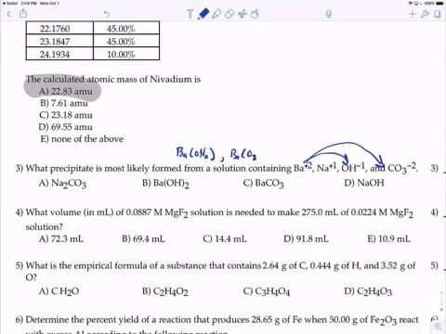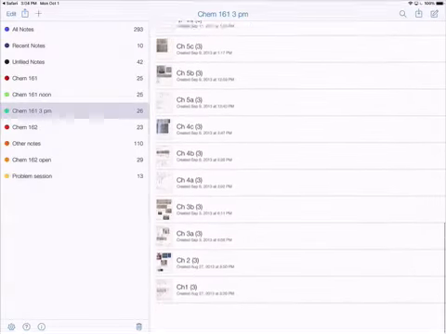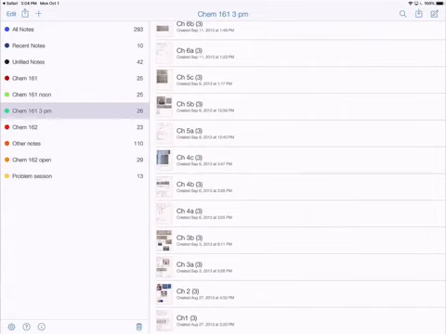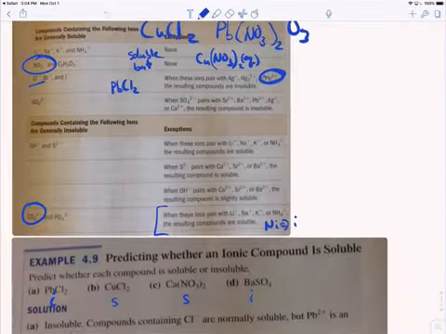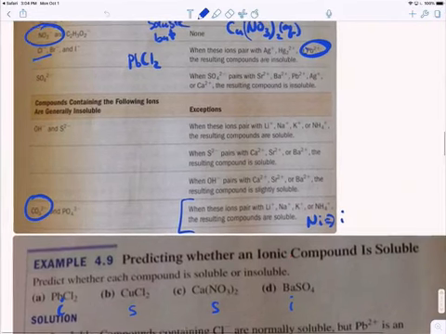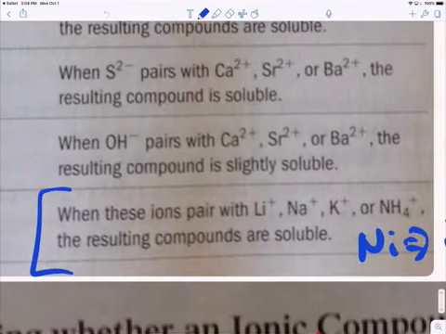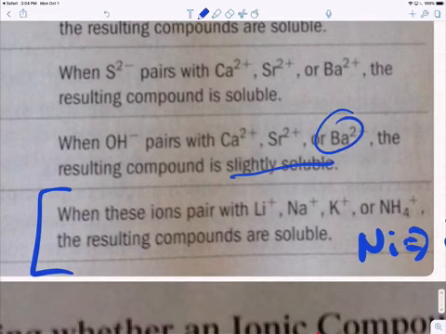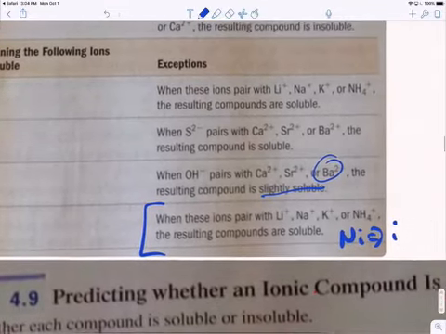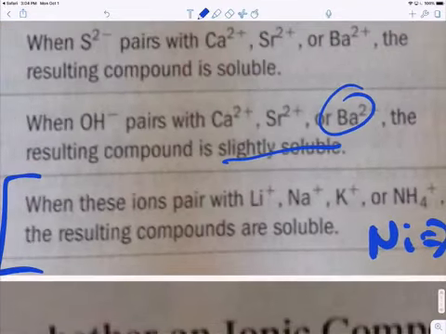If you look at the chart, it'll say that the hydroxides tend to be insoluble, except for barium hydroxide, slightly soluble, and carbonates are insoluble with exceptions of alkalis and ammonium.